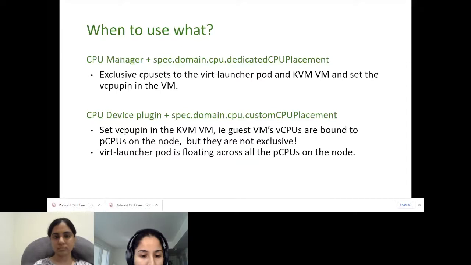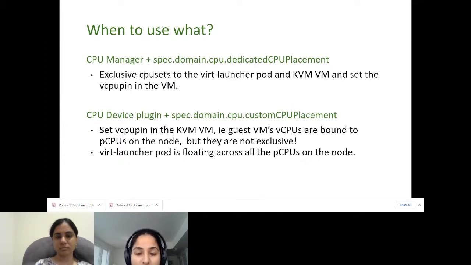Yeah. Regarding when to use what, like Samya mentioned, there's a concept of a shared pool with the CPU manager, which means that you can't use all CPUs because of the shared pool.